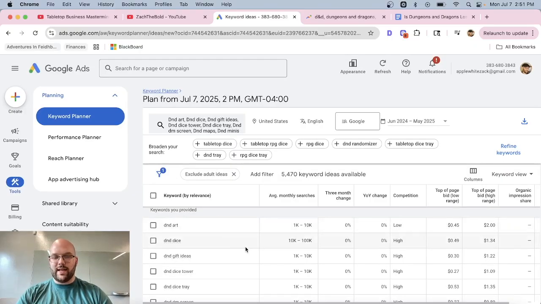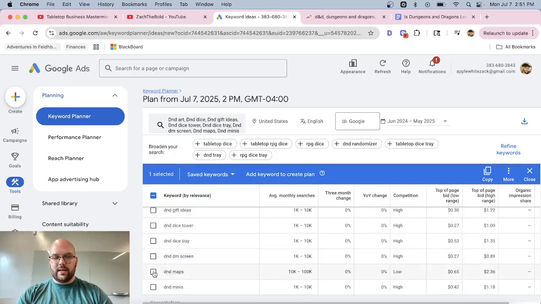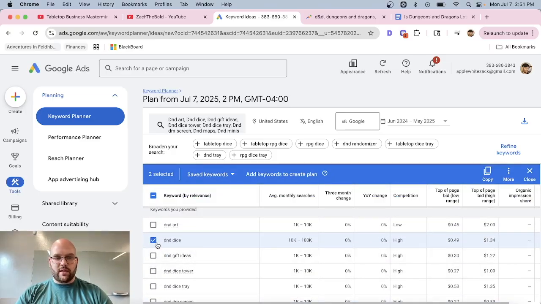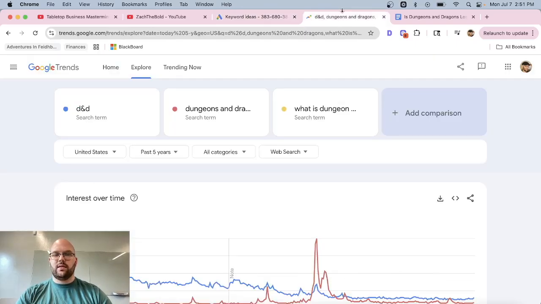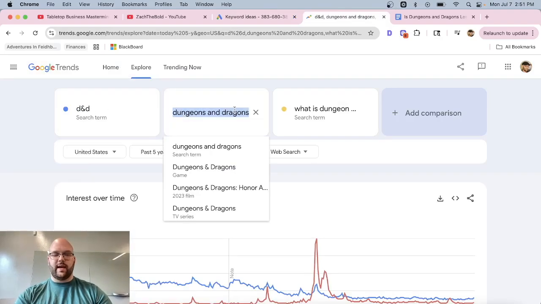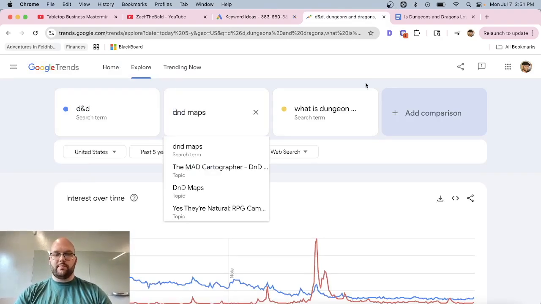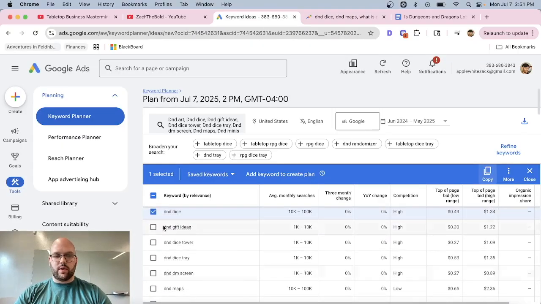So I'm going to take the highest performers here, starting with D&D dice. That's a good 10K. D&D maps, that's a good 10K. Let's grab 2 more that I'm interested in. Let's start by putting D&D dice over there in our Google Trends. I also know we had D&D maps. Let's grab another one here.